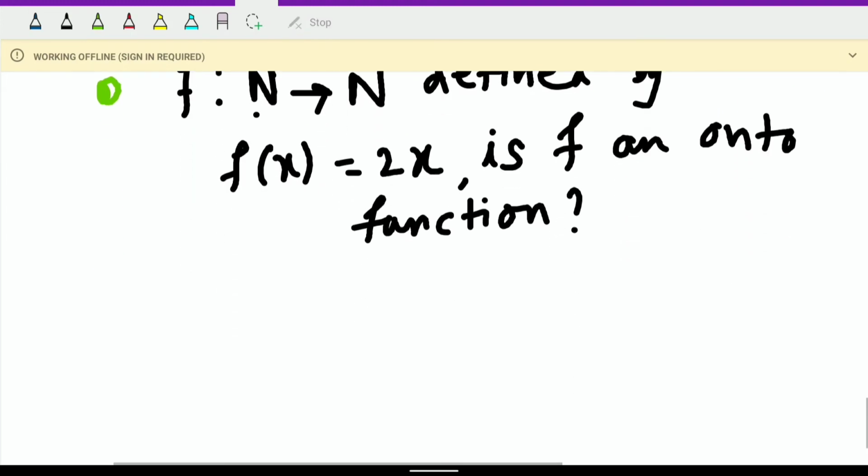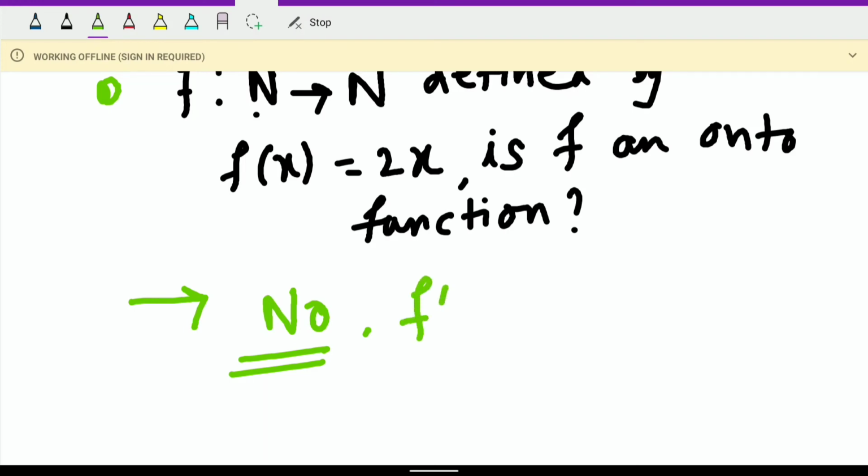So what will be the answer? Just tell me. Your answer will be no. F is not an onto function. Why?